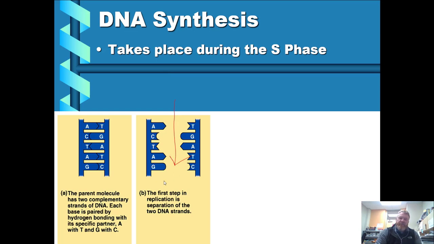It's going to come down and unwind, then unzip the nucleotides from each other, leaving them exposed. So we have our base pair just sitting there doing its thing, but during S phase, S, remember, stands for synthesis, DNA helicase comes along, unwinds, unzips, and leaves these edges exposed.